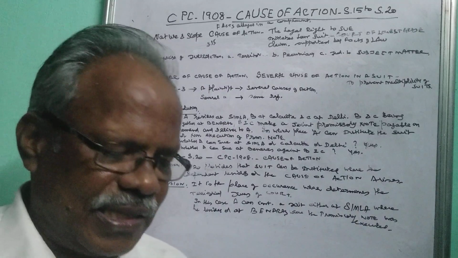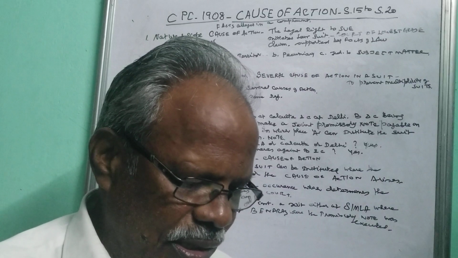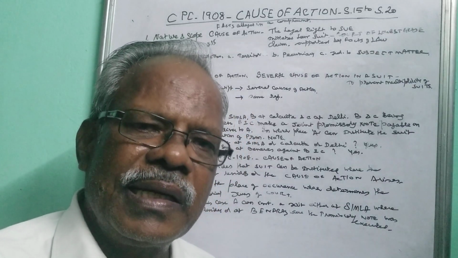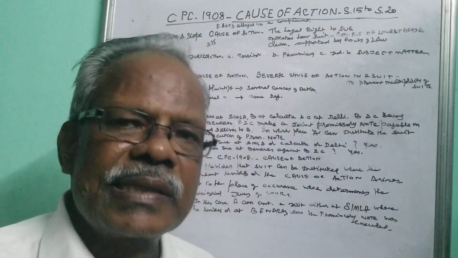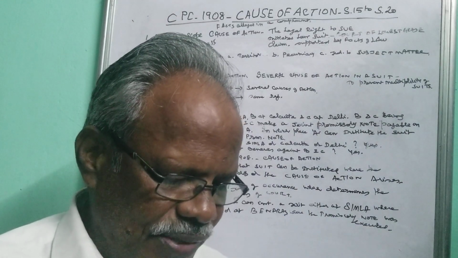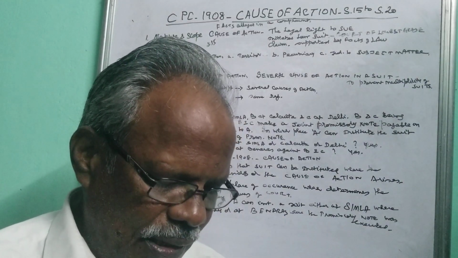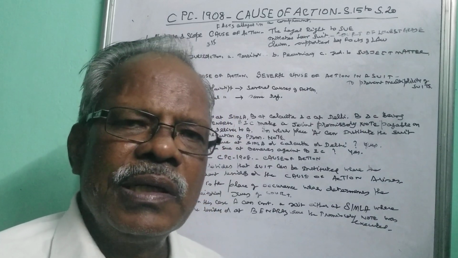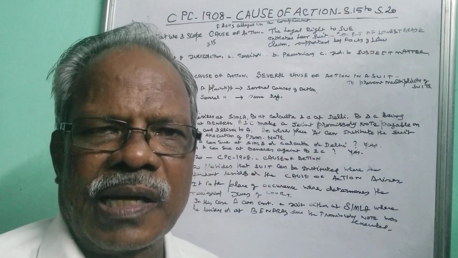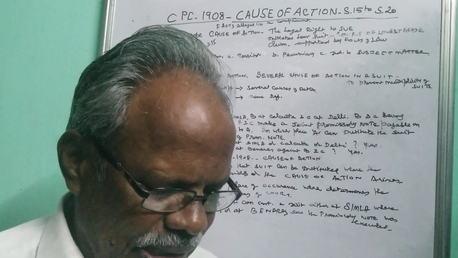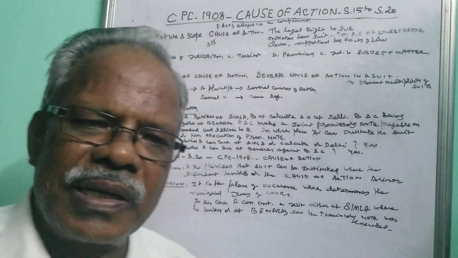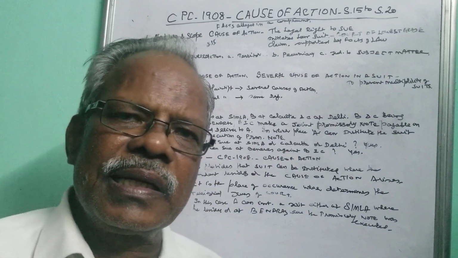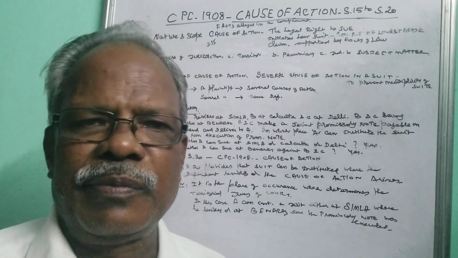Section 15 says every suit can be initiated in the lowest grade of court. Section 16: relief sought in the court within local limits. So within local limits, the relief can be sought. Then section 17 says suppose a property is situated in various jurisdiction limits.